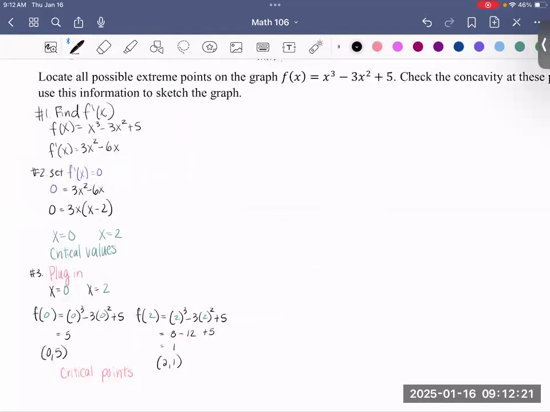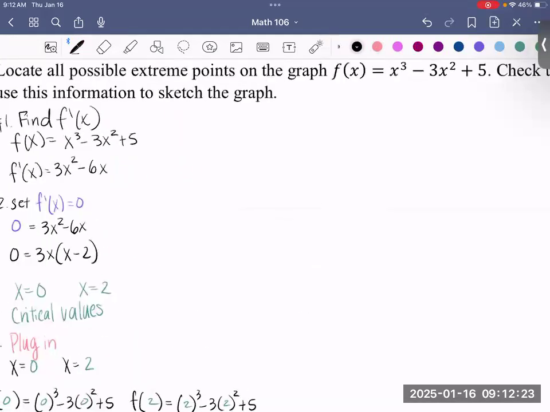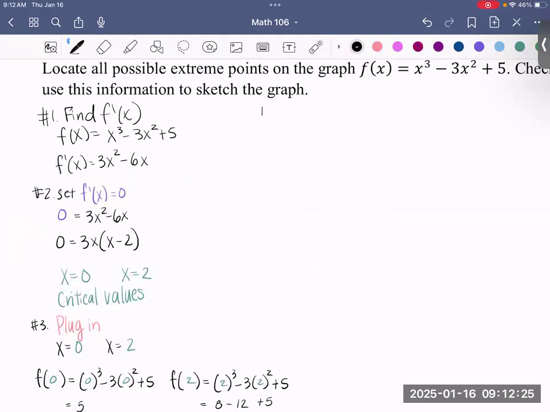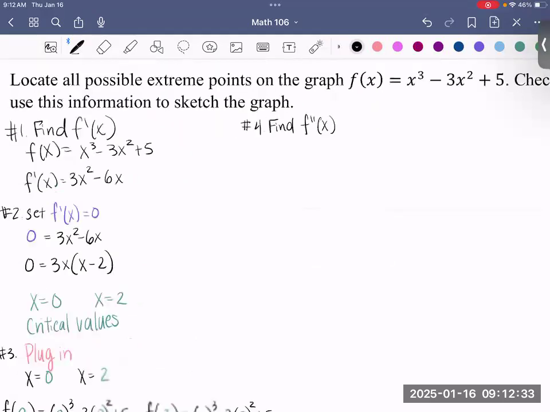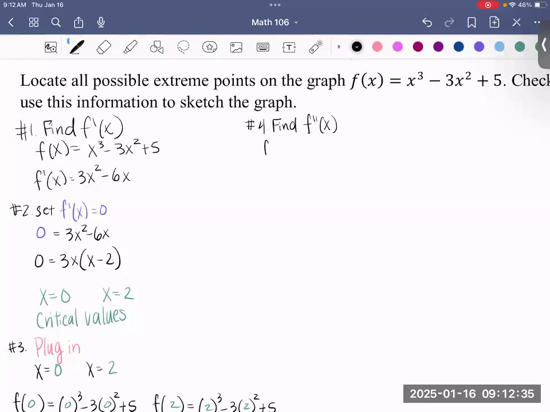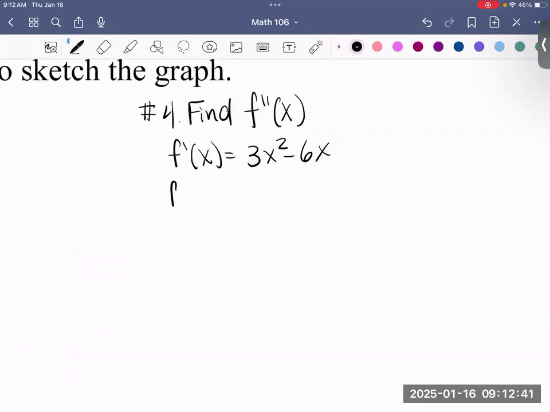Now, step 3, instead of testing, we are going to go ahead and find the second derivative. So we'll take your first derivative. Find the second derivative.